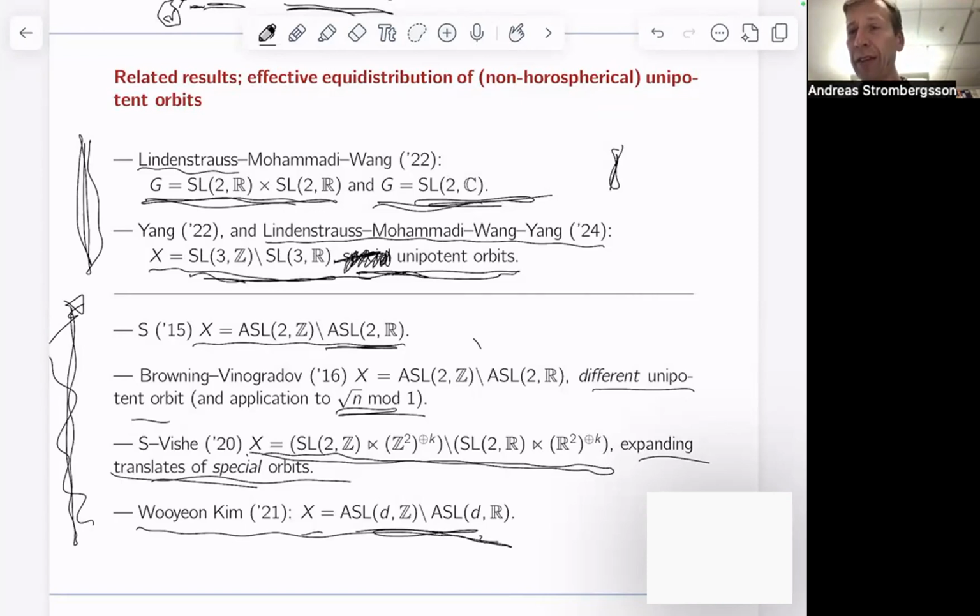Here you consider the space of d-dimensional affine lattices, or d-dimensional grids. And Woo-Yoon proves equidistribution for expanding translates of unipotent d-1 dimensional orbits which project on the base manifold SLdR. They are the full horospherical.